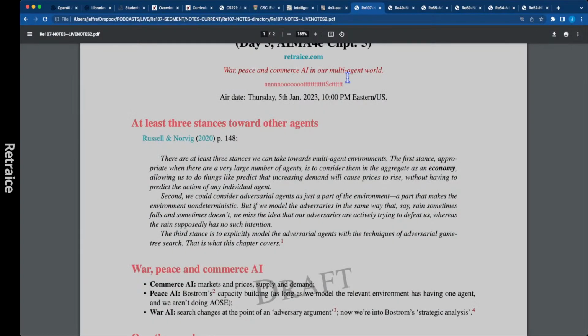But you can think in the mindset of peace, and I'm not just supposing that to fill a category. They say it. It's their second stance toward multi-agent environments, which in a sense, all agents are multi-environment. They say you can consider adversarial agents as just part of the environment. That's peacetime AI. That's peace AI. There's nothing else going on. We can just chill and build capacity and play.